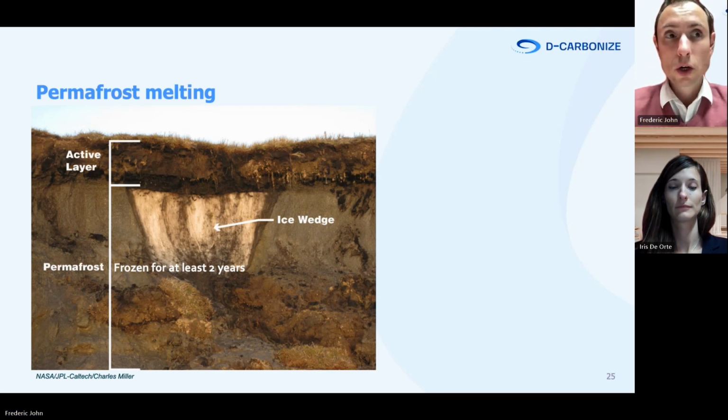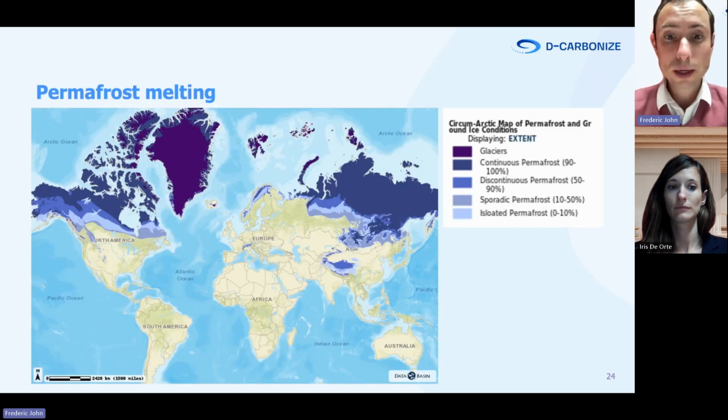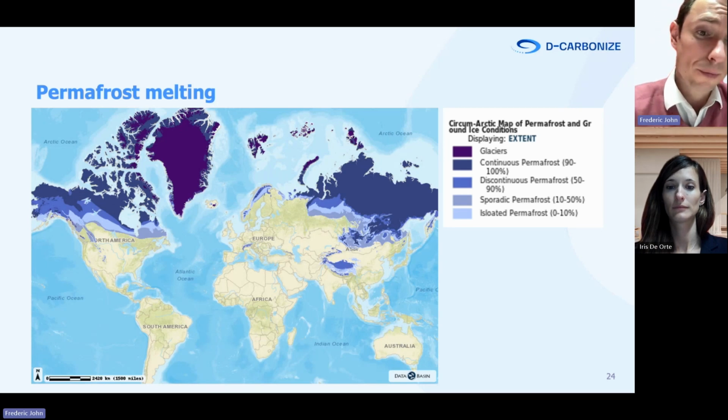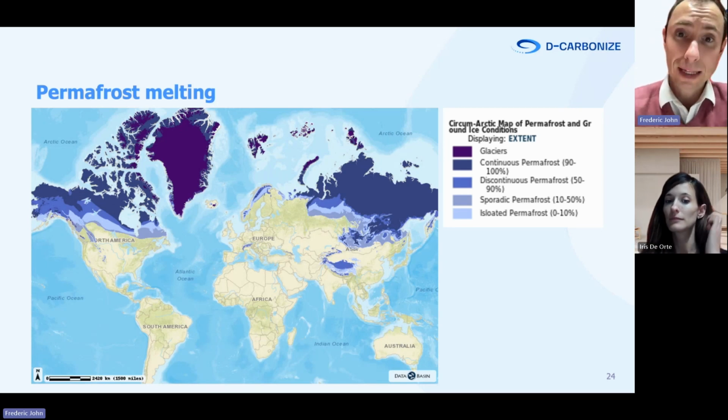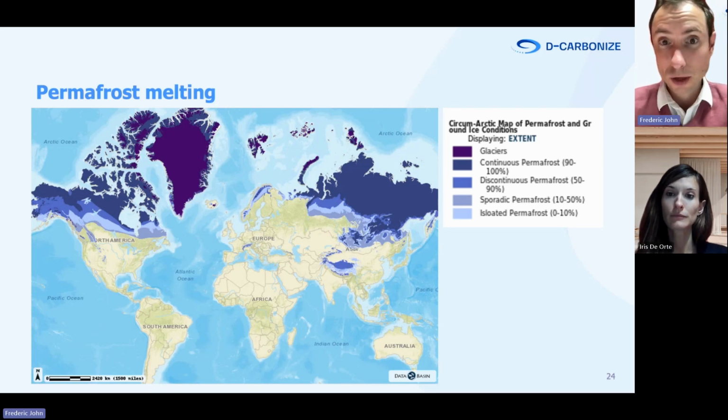Permafrost covers quite a lot of surface around the Earth, and this graph shows what is qualified as permafrost, shown in blue in this map, at a global scale. It represents roughly 25% of the lands of the Northern Hemisphere of planet Earth. So it's a lot of land.